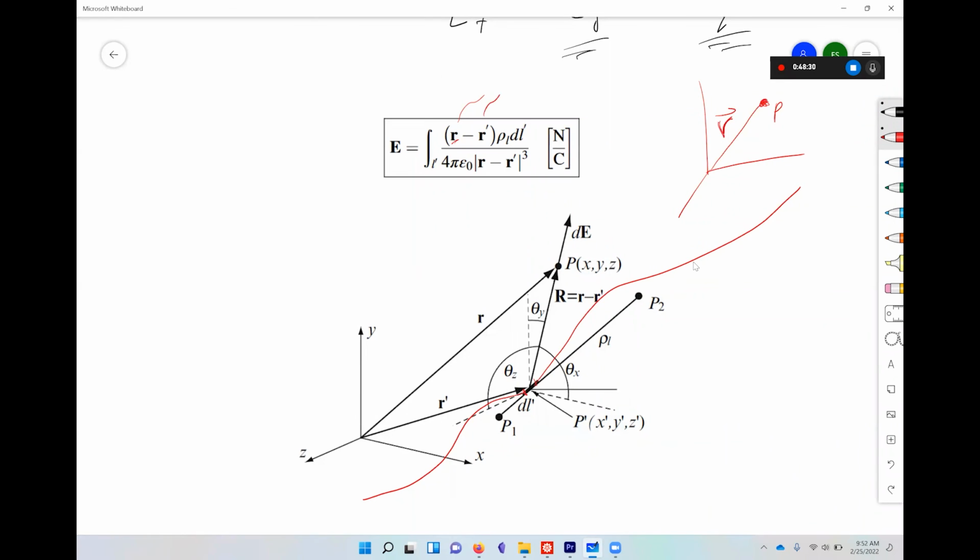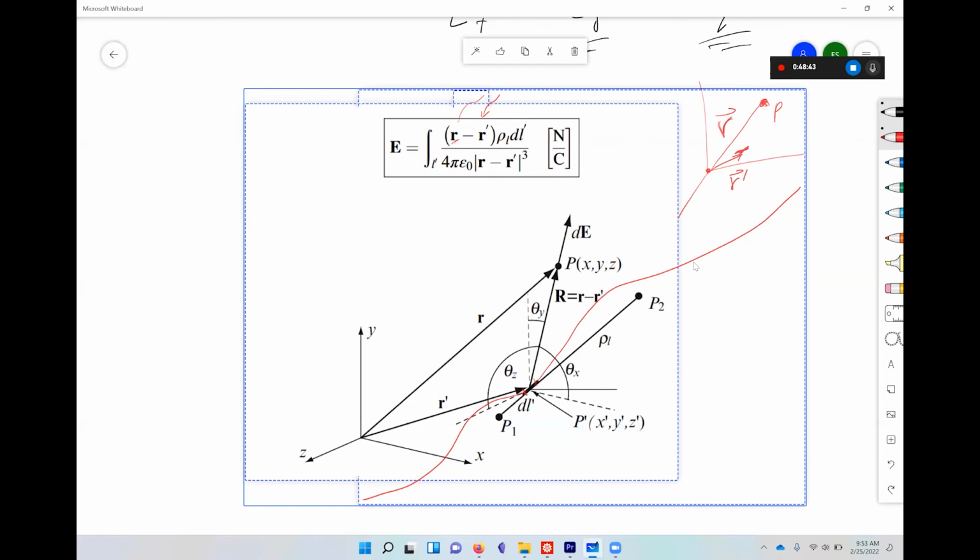R prime, notice the terminology. R prime is the position vector from the origin to the line segment of the source. And that's why we use the prime notation. The prime, here there's no arrows, by the way, because vectors are just bolded in text, in type.